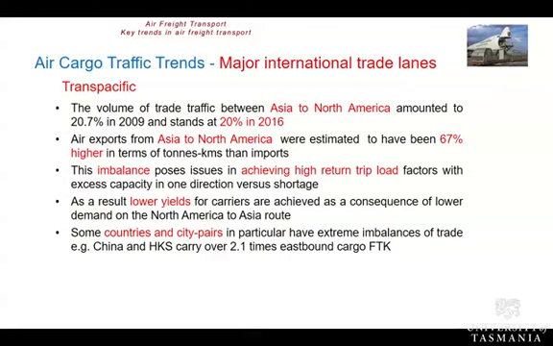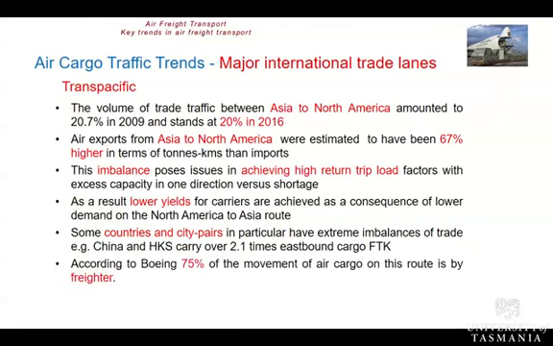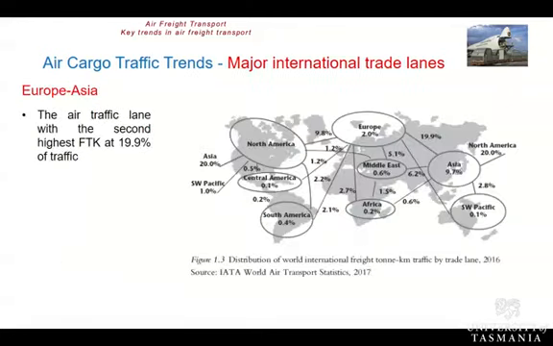And I suppose that might be fueling some of the arguments that the United States has at the moment with regards to China, in regards to the volumes coming out of that region. This trade lane has quite significant freighter usage: 75% of all goods are carried on freighters on this lane.